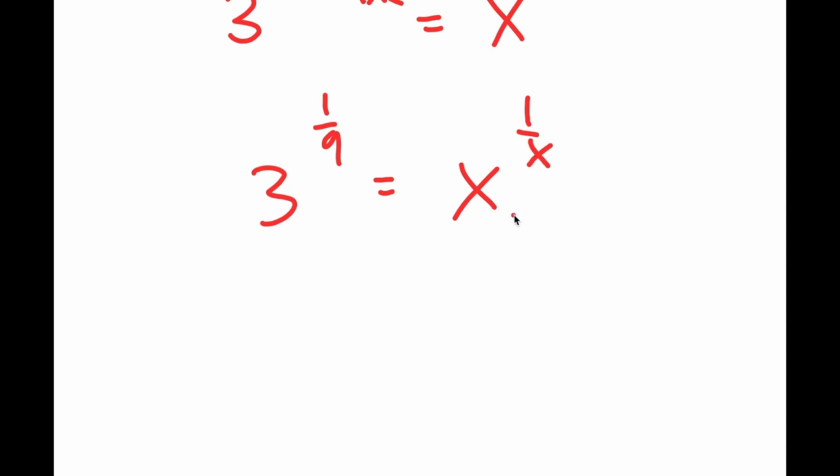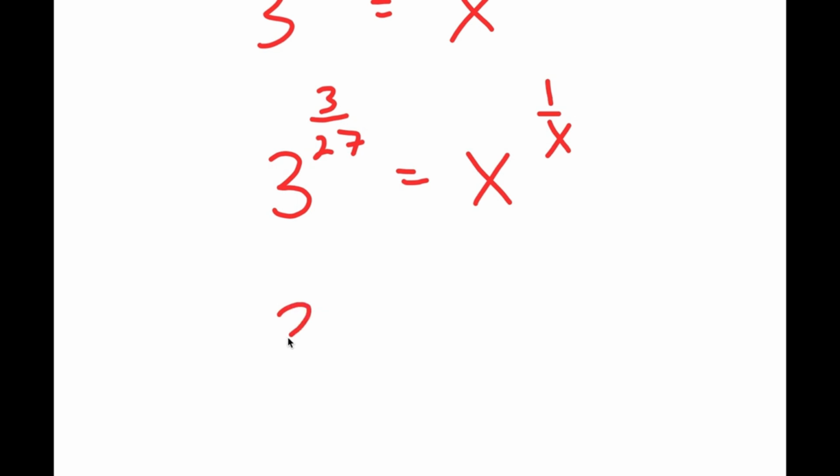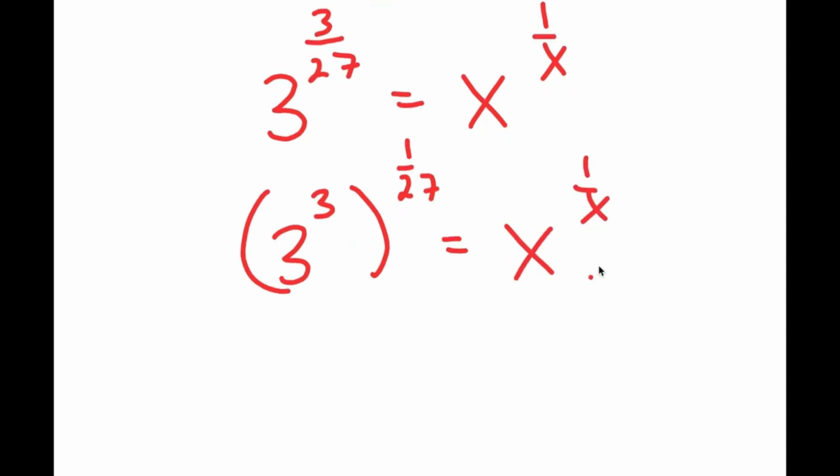Now, 1 over 9 is the same thing as 3 over 27. So now I can rewrite this as 3 to the power of 3 to the power of 1 over 27 is equal to x to the power of 1 over x.